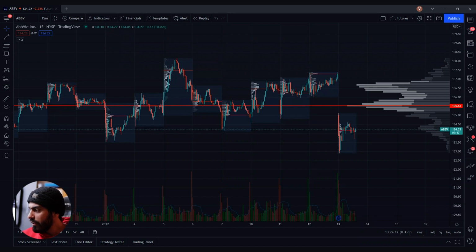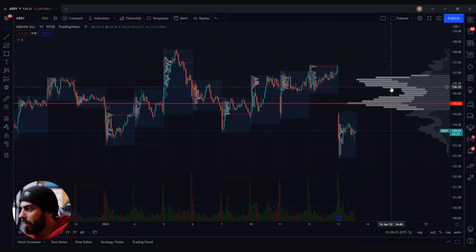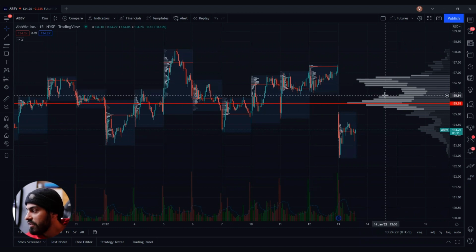When we look at the volume profile, our vertical representation of what volume is, we can see that there are these bellies. Bellies are going to be a very important aspect of the volume profile, so keep that in mind. These are like liquidity bellies. This identifies where there's a lot of volume traded versus a small amount of volume traded. So it's a good way to identify where balance sits in the market.